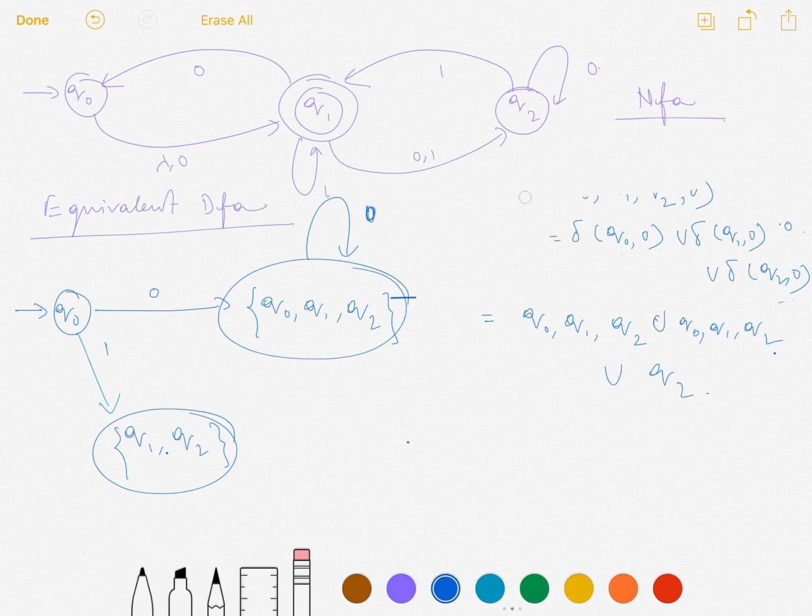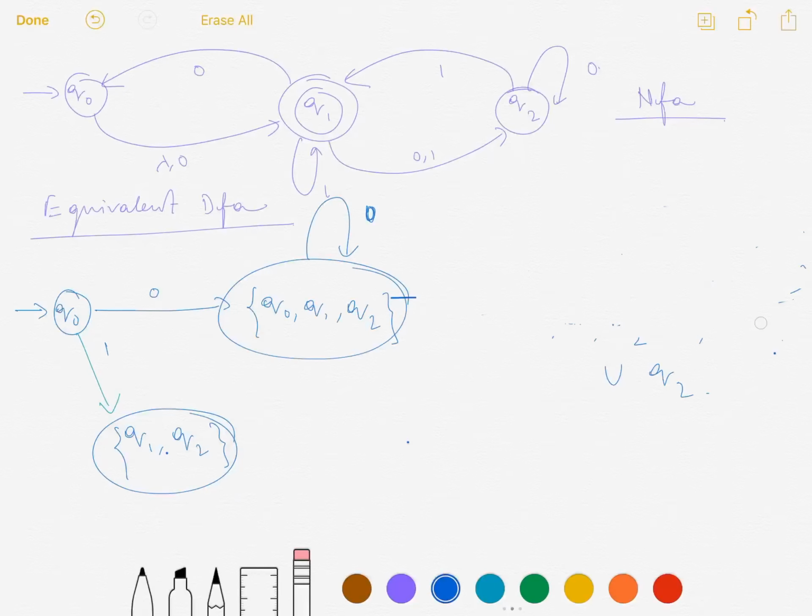Now, let us check for delta Q0, Q1, Q2 on 1.